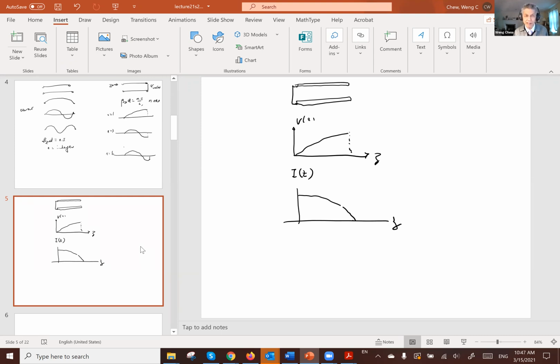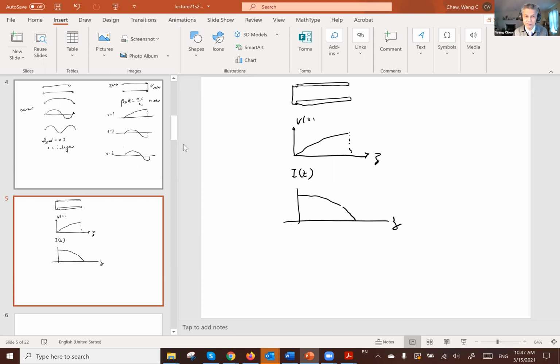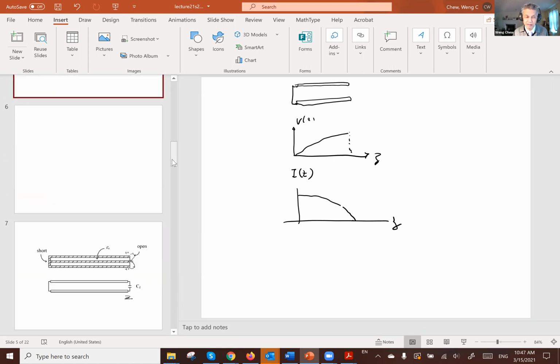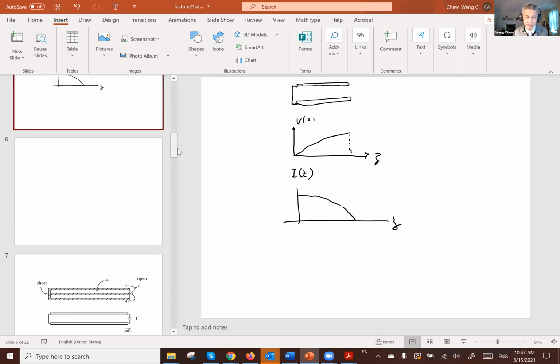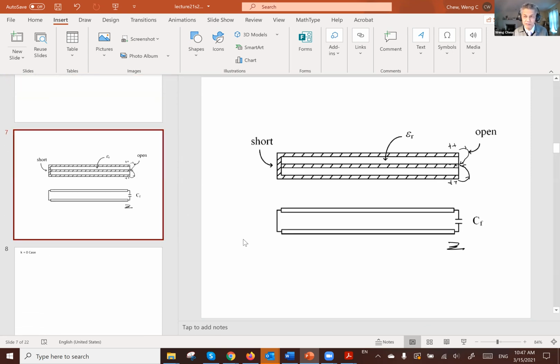So you can make resonators quite easily using transmission lines or waveguides, even if the waveguides can be mapped to a transmission line. Are there any questions so far as to how we can make resonators out of transmission line? So the idea is that if you have a transmission line like a coax, this is the case of a coax.